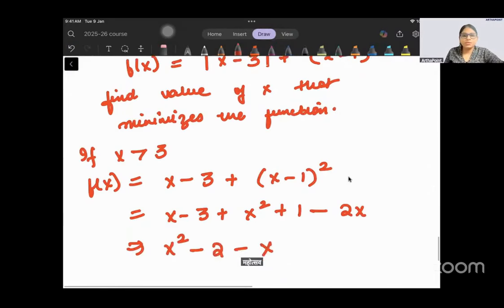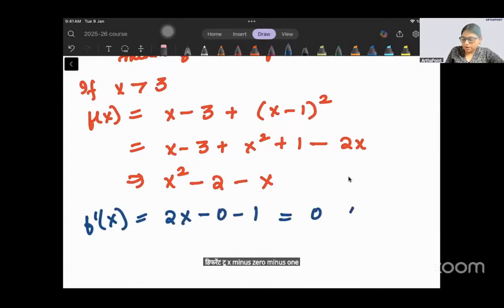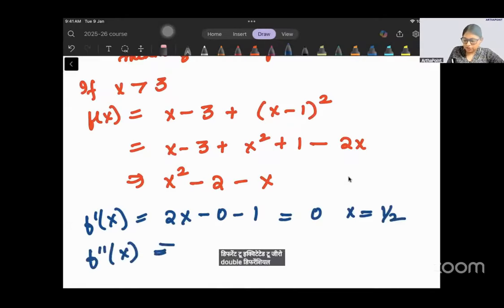Differentiate the function: 2x minus 1 equated to 0, x is half. Double differentiate the function, you get 2, which is positive, right? So we will go ahead and we will keep it here for now.